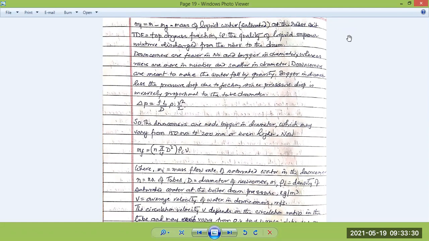TDF is the top dryness factor, that is the quality of the liquid vapor mixture being discharged from the riser to the drum itself.